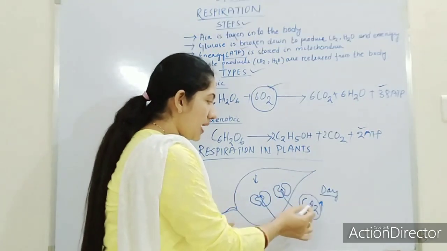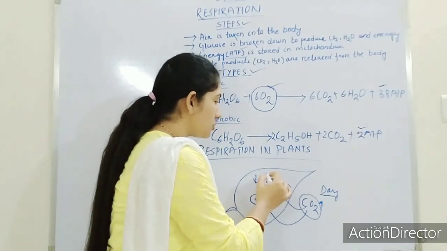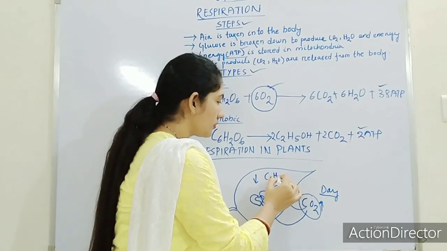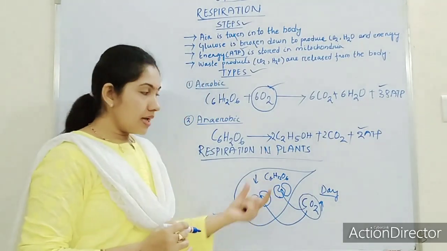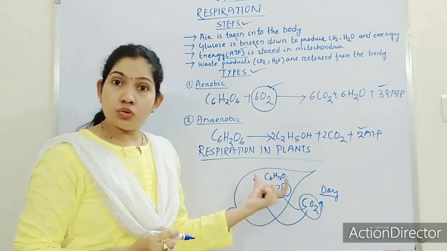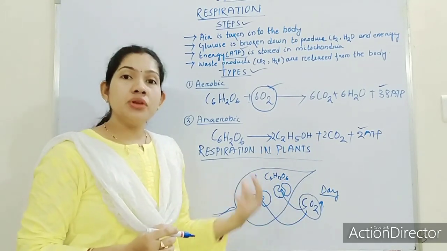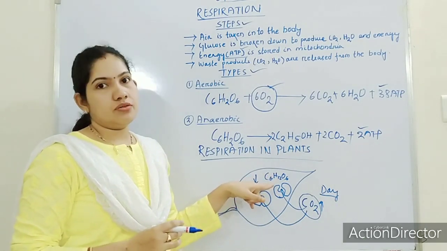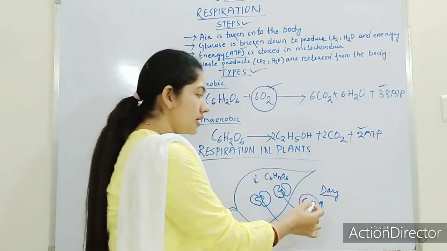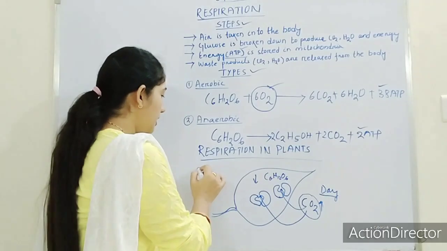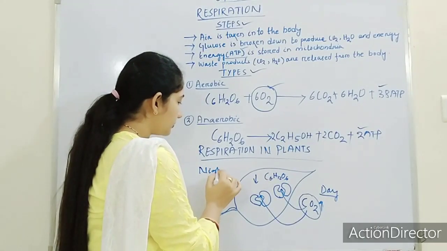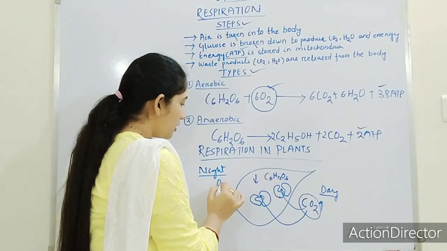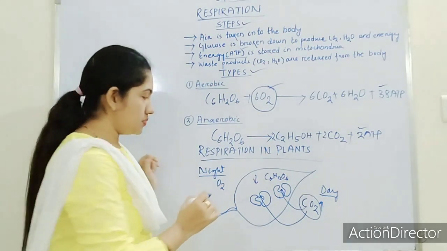During daytime, by taking carbon dioxide, they have produced what? Glucose, and they have stored glucose in the leaf. And during night what happened? They will take oxygen from the atmosphere. During daytime they take carbon dioxide, and during night they take oxygen from the atmosphere.